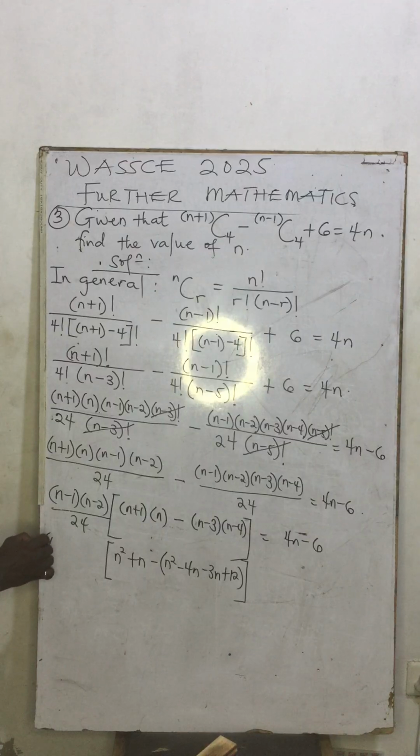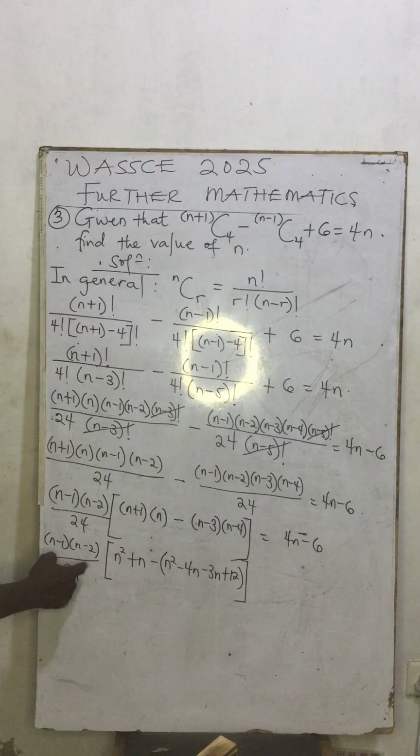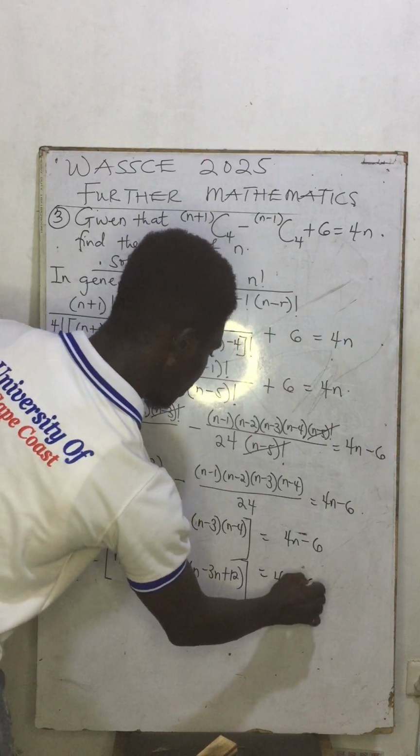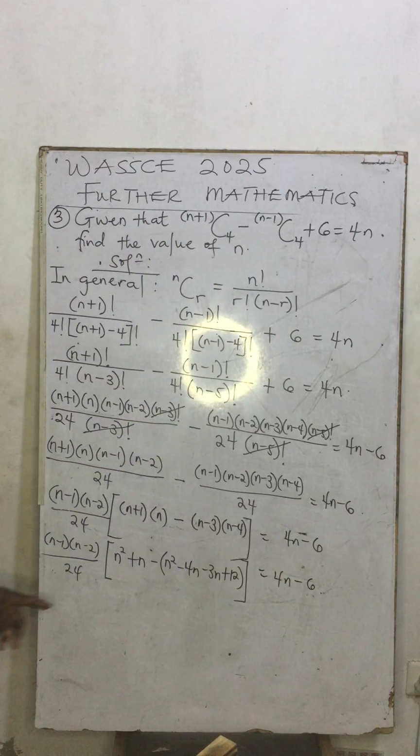Then here is n minus 1 times n minus 2 all over 24 is equal to 4n minus 6. So now we open and we see what is going on.